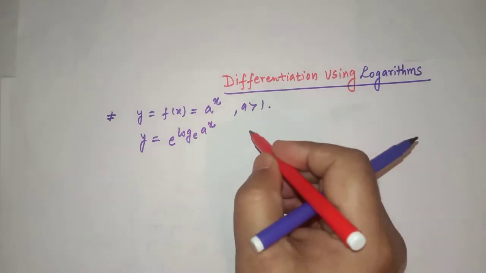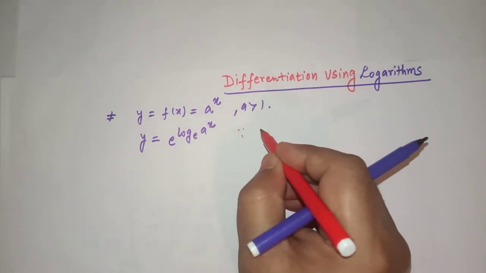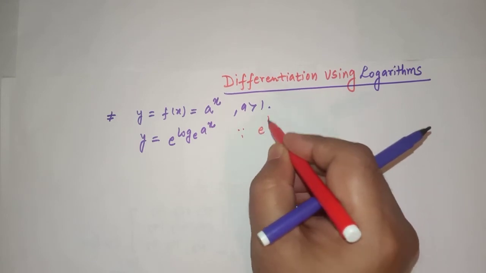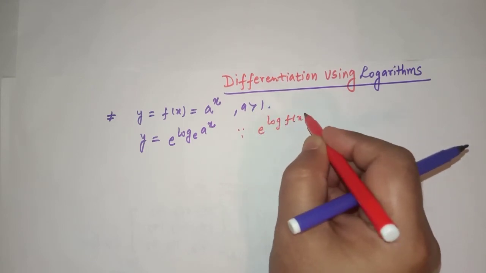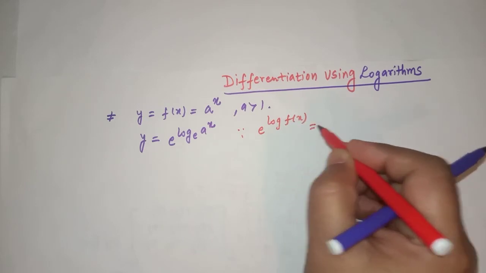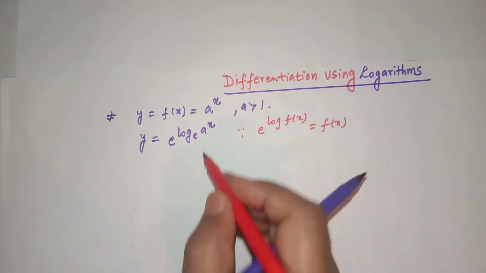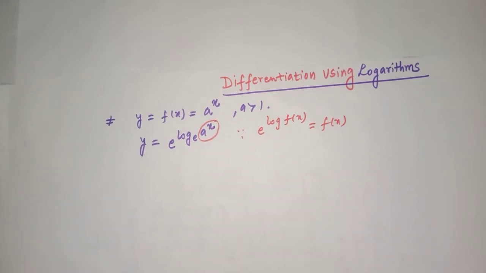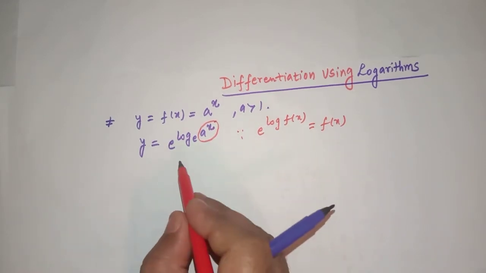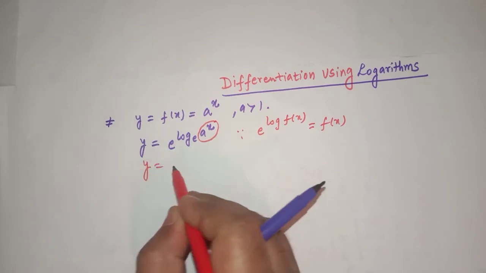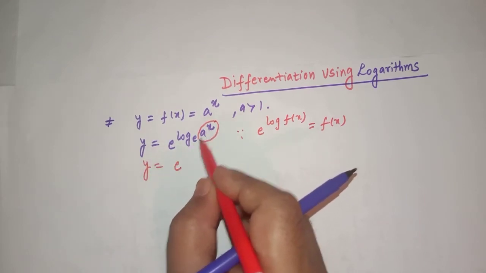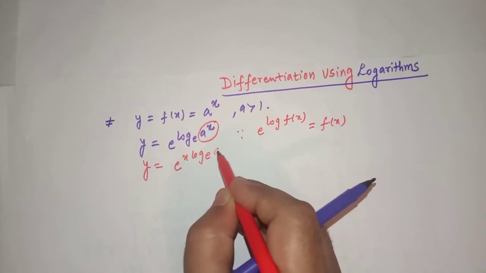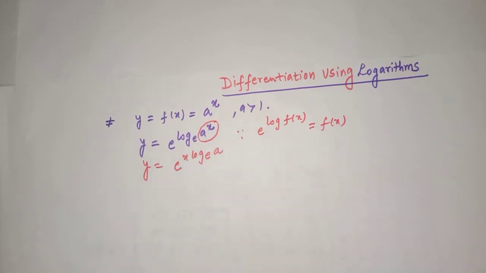Because we have used that e raised to log f(x), some function f(x), is equal to f(x). So here f(x) is a raised to x. So we write it as e raised to x log of a to the base e.